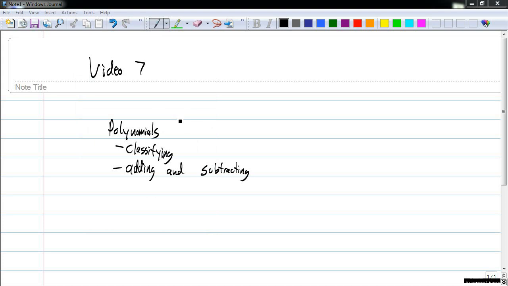We review how to classify polynomials and then how to add and subtract them. So let's get started. When you are classifying polynomials, there are two things that you need to reference. The first thing is classifying using the number of terms.